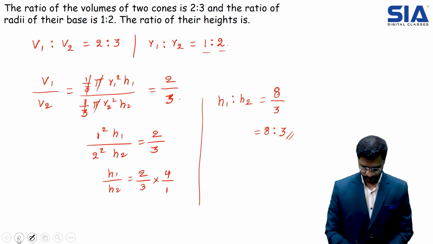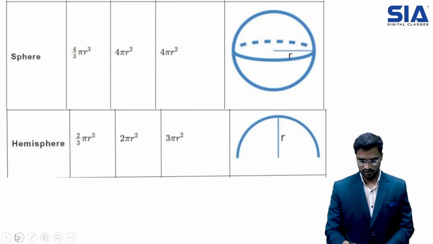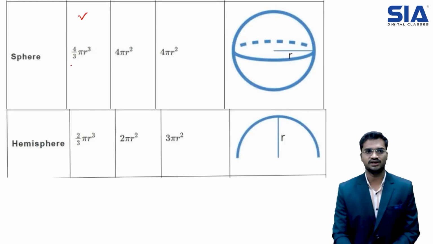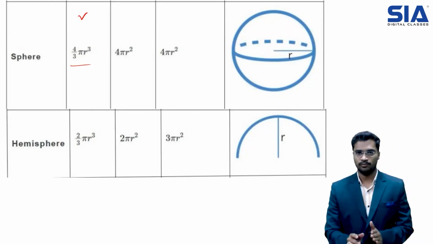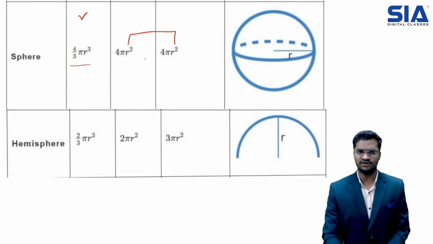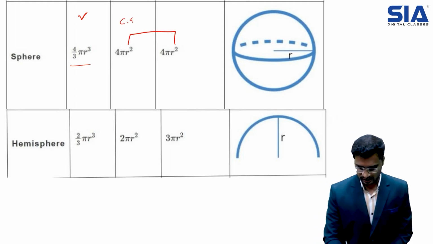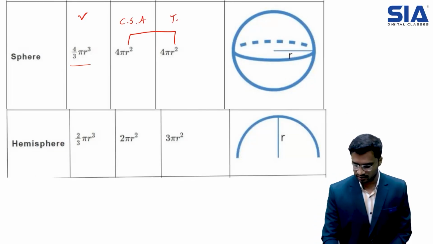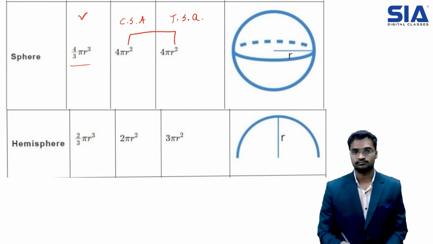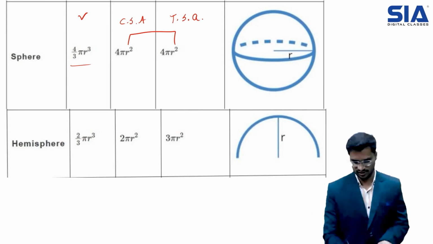Now coming to the next formulas, which are sphere and hemisphere. So the volume of a sphere is 4 by 3 pi r cube, and the curved surface area and total surface area of the sphere are equal. So this is the curved surface area and this is also the total surface area, which is 4 pi r square.